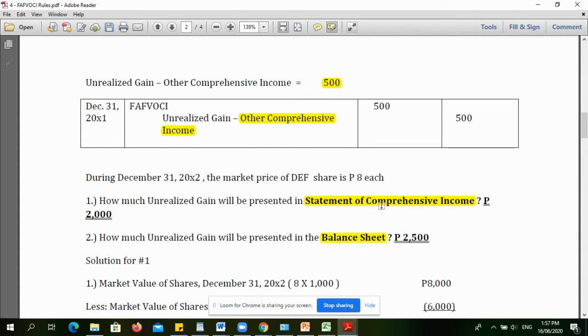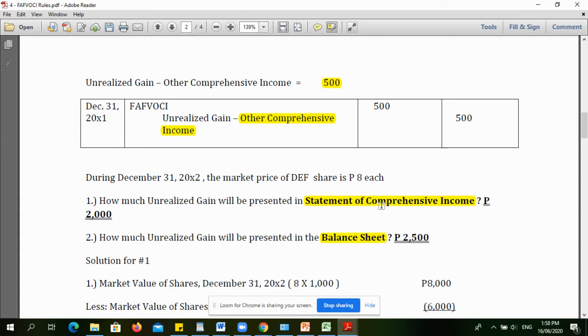Okay. Eto. So, going back, the difference between statement of comprehensive income sa balance sheet, kasi sa statement of comprehensive income, we only put the changes or the changes that happened during the year. Meanwhile, sa balance sheet, pag balance sheet ang tinatalk about natin, we care more on the permanent accounts.